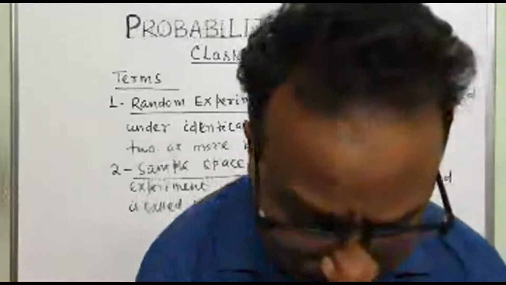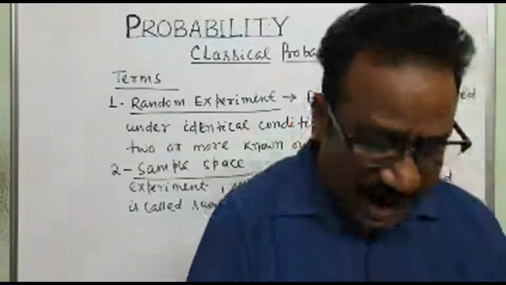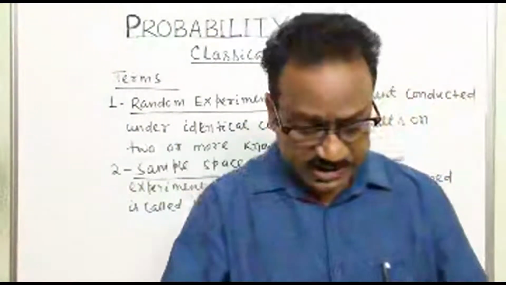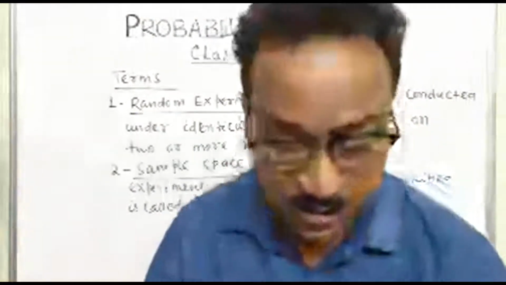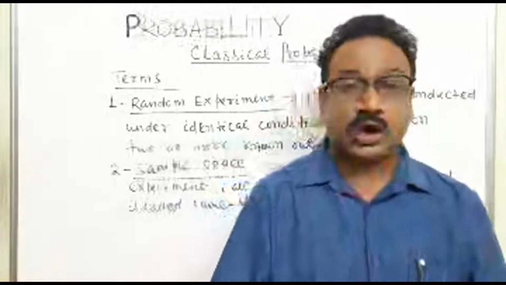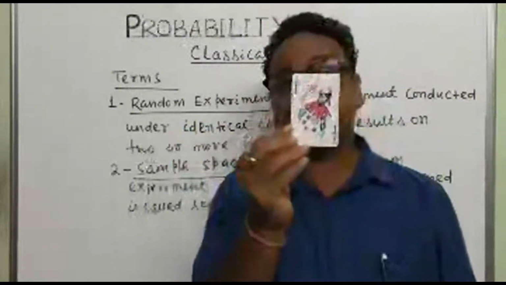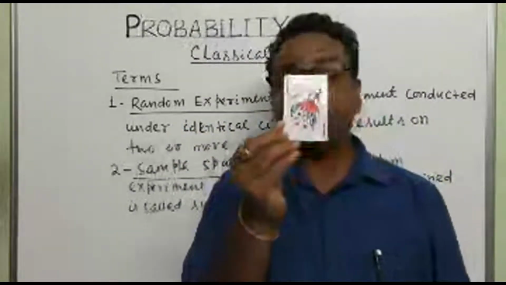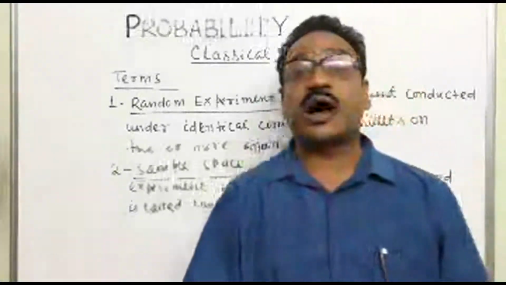Now a pack of cards. You know about the cards. This is a pack of cards. Joker is not a card; first of all, get that clarified. Joker is not considered in the pack of playing cards. So after removing the Joker, we have 52 cards.